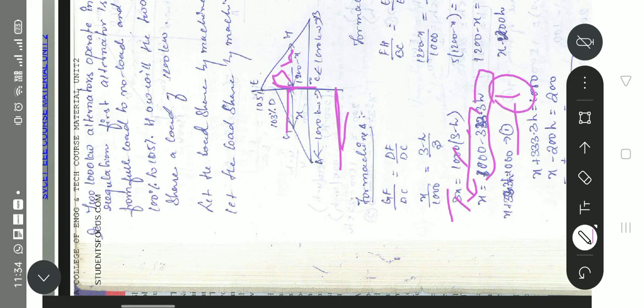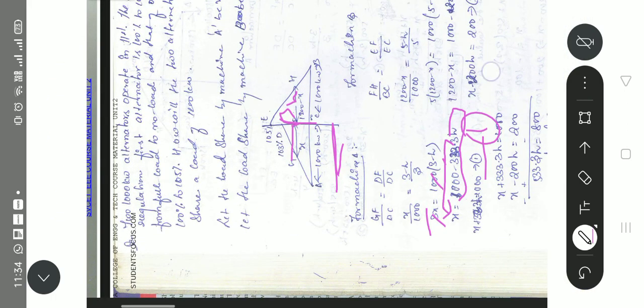Then we can calculate for machine B. FH by BC is equal to EF by EC. Here FH is 1200 minus X, BC is 1000, EF is 5 minus H and EC is 5, since the range is 100 to 105.